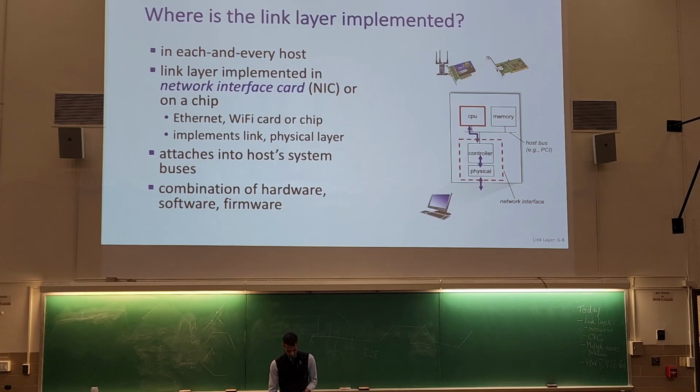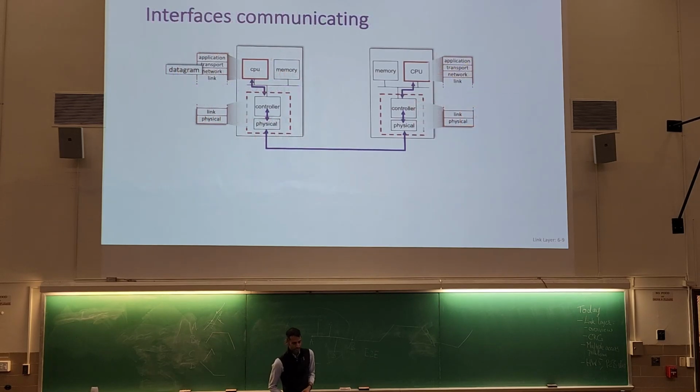So let's look at how these datagrams are propagating across the five layers of the protocol stack, specifically zooming into the link layer. This shows a datagram that is being sent from the network layer, after transport has encapsulated it into an IP datagram, and sends it downward to the link layer.